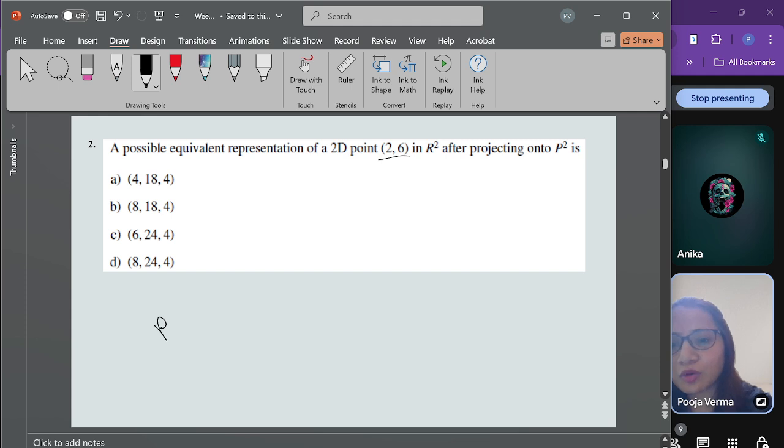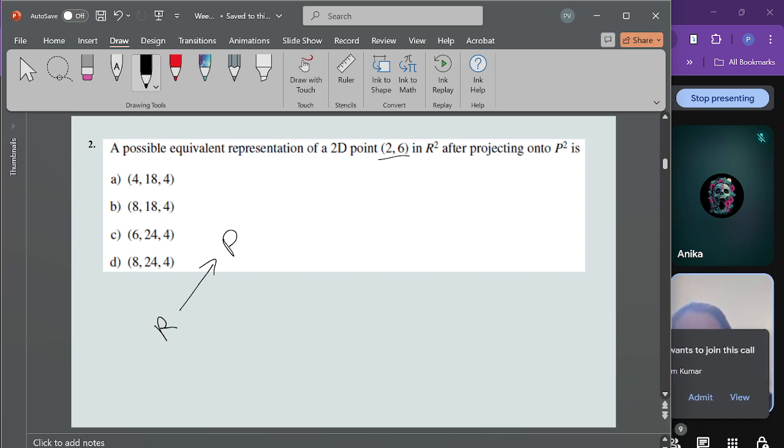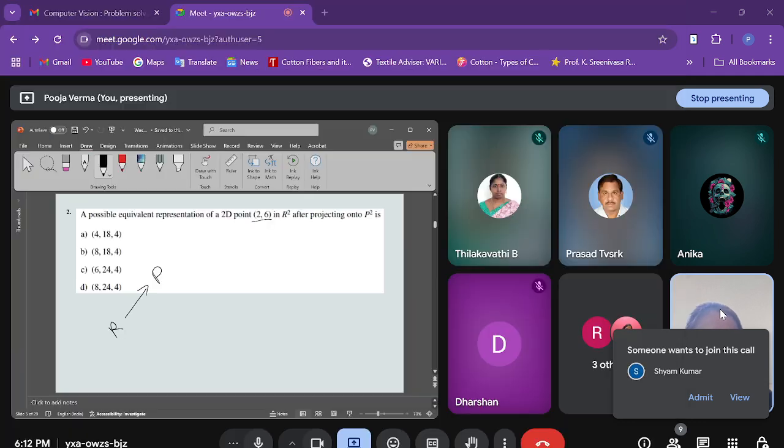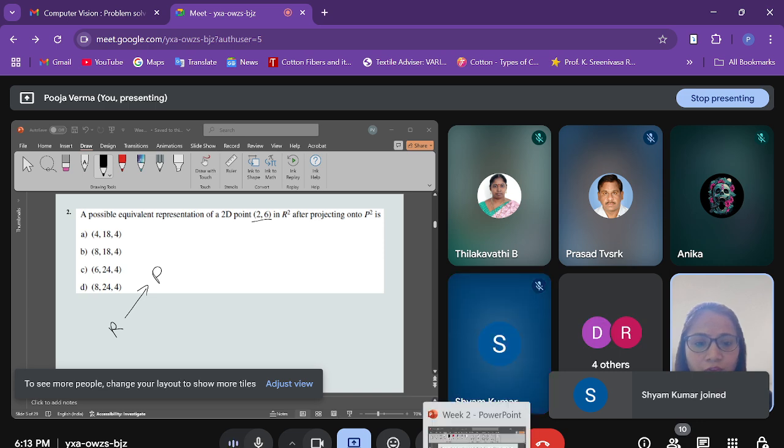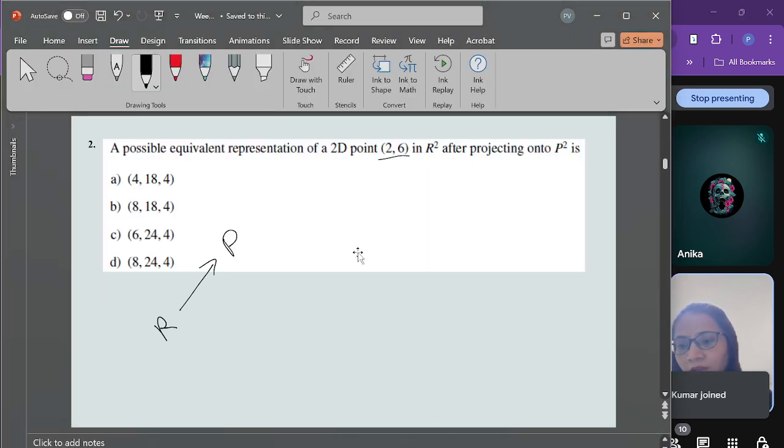Here we have to convert the real space point to the projective space. The real points are given, and we need to convert them into the projective space. The given 2D real point is (2, 6), which corresponds to real space.